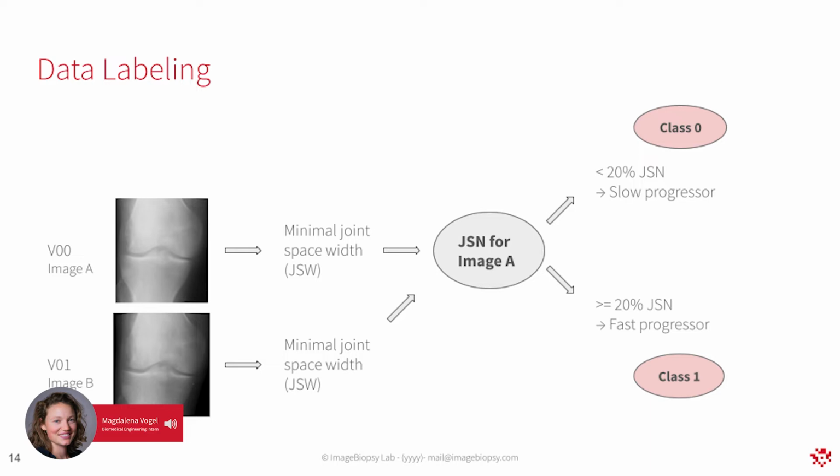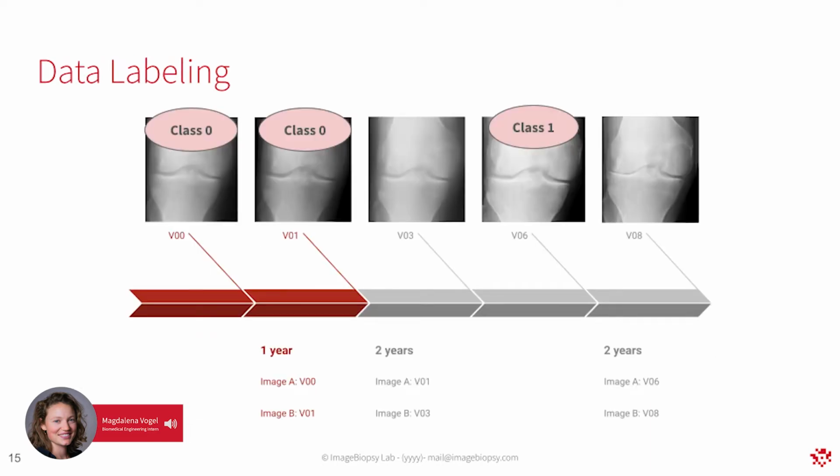If it's more than 20%, this would be class 1, a fast progressor. Like this, the patient provided us with 3 labeled images, twice class 0 and once class 1.